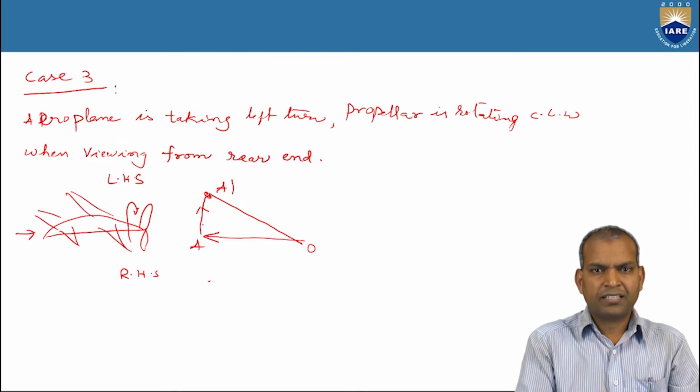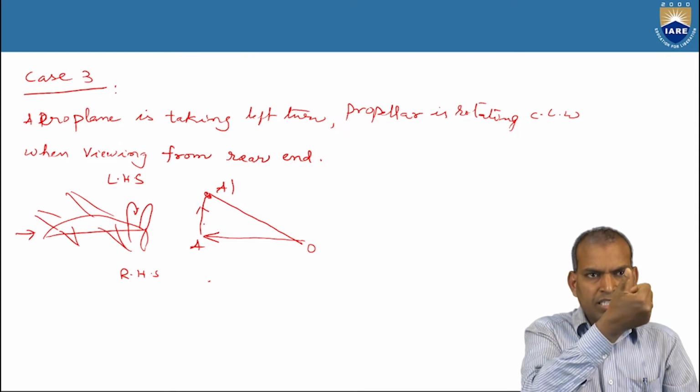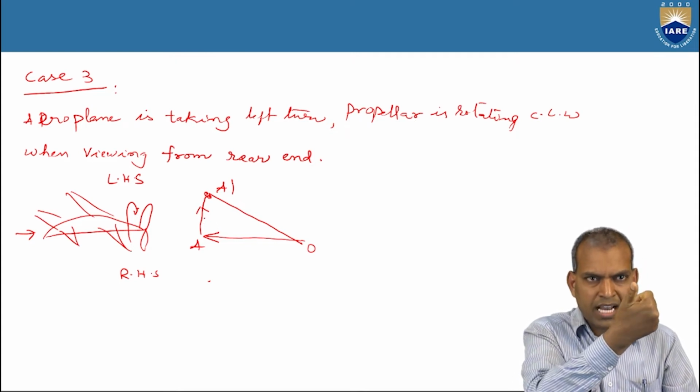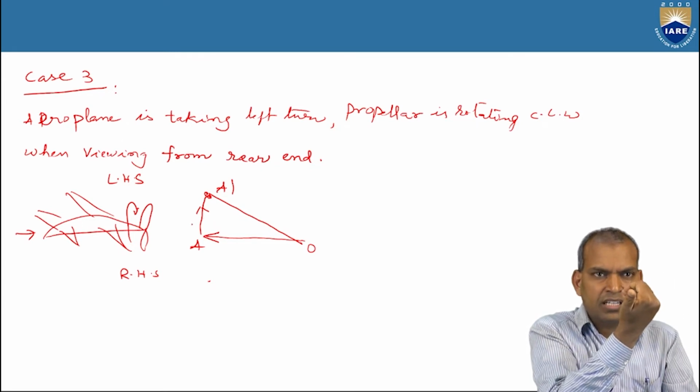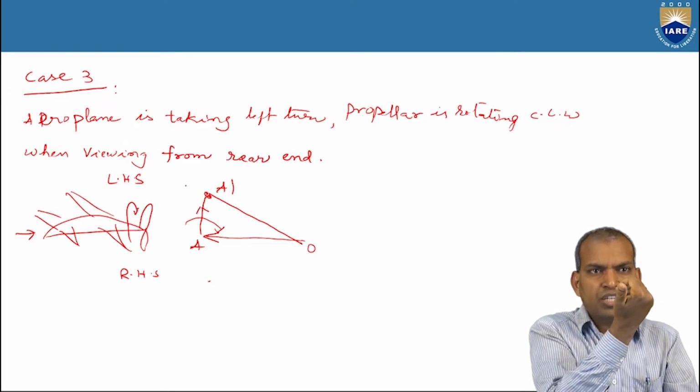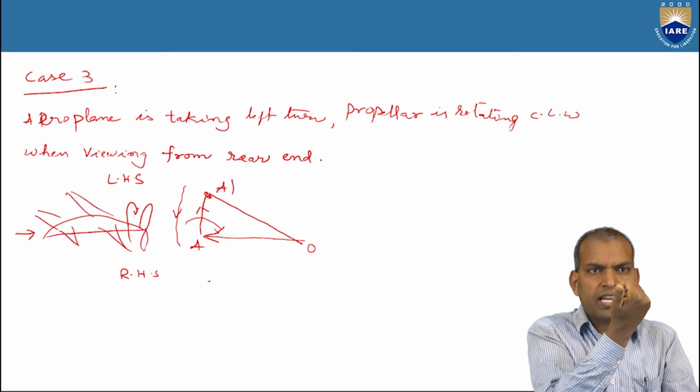Now what is the effect? Keep your thumb in the direction of A to A dash. This finger folding direction indicates the active gyroscopic effect. What about the reactive gyroscopic effect? It will be in the opposite direction.